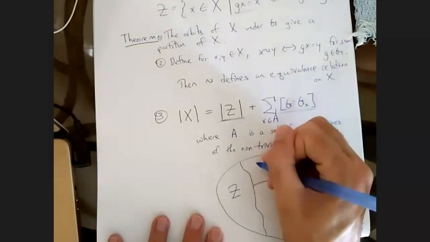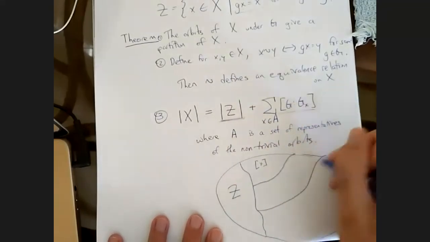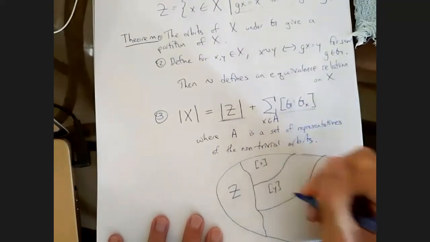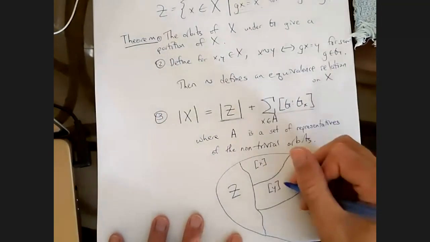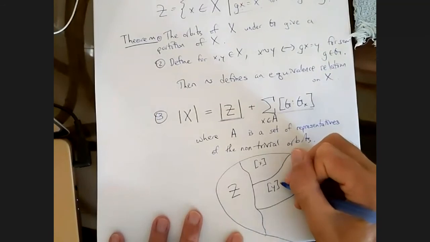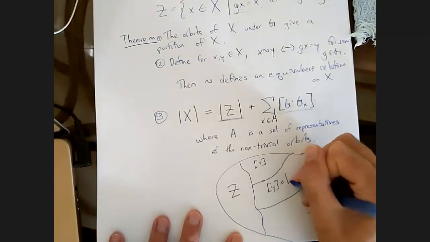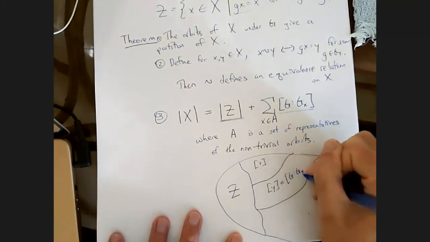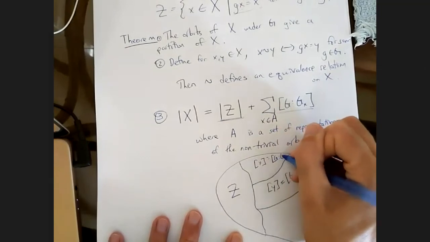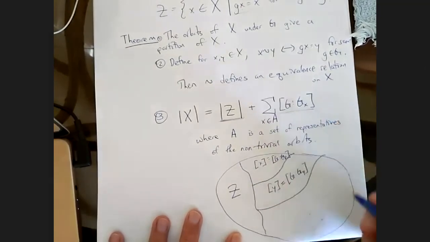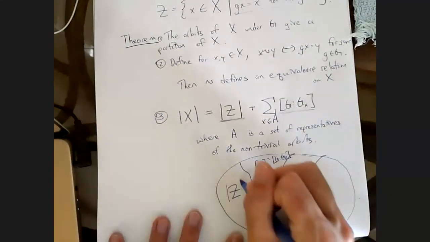This is another orbit. This is another orbit. And so on. This is a partition. Well, the orbit stabilizer theorem says that the size of this orbit has this many. The size of this orbit has this many. And so on. Well, the number of elements here is just that.